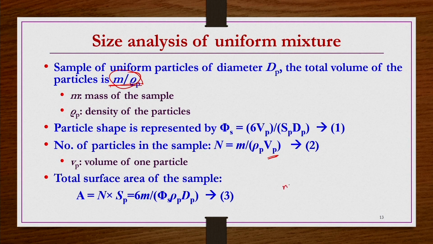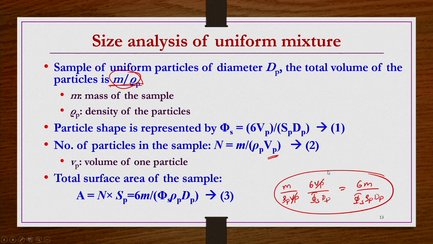N is nothing but m by rho p Vp, and from the sphericity definition, Sp is nothing but 6 Vp by phi s dp. So this Vp is cancelled out. So we have 6 m by phi s rho p dp as the total surface area of the sample for that uniform mixture.